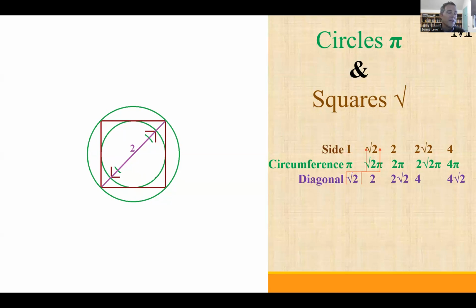So if its diameter was 1, then its circumference would be pi, which is like 3.14 or whatever. And if it's 2, obviously it would be pi times 2. So we can see how the circles and squares relate to each other in these ratios of root 2 and pi.